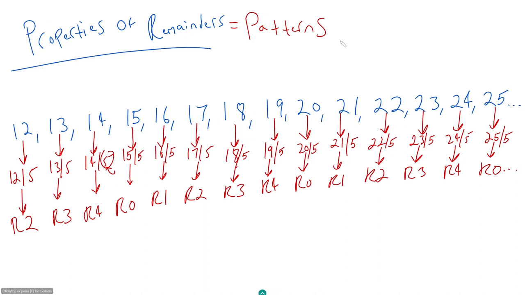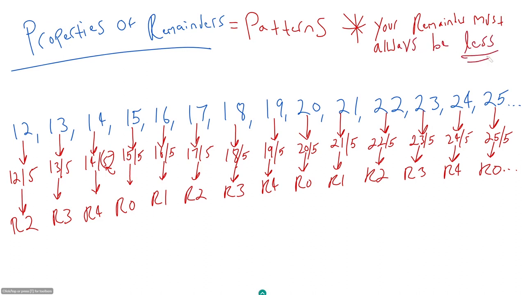In other words, this illustrates one key property of remainders, and that is that your remainder must always be less. And so I'll double underline that, because it cannot be equal to. Your remainder must always be less than your divisor.